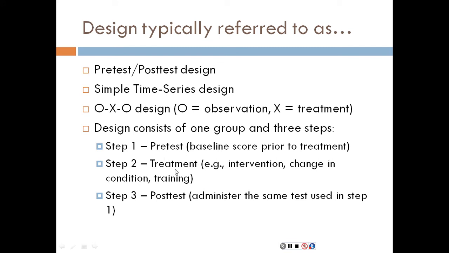Step 2, I could implement the ZMath program for a month, and then post-test, after a month, I would give them the exact same multiplication test to see if there is any significant growth over the course of that month.